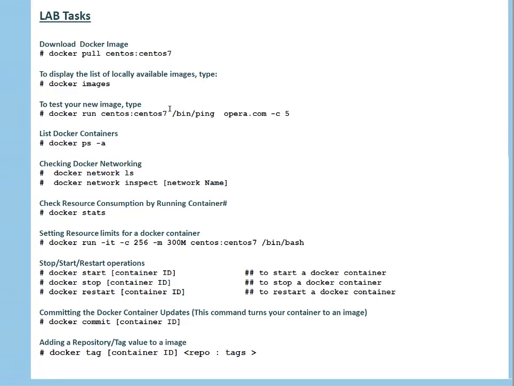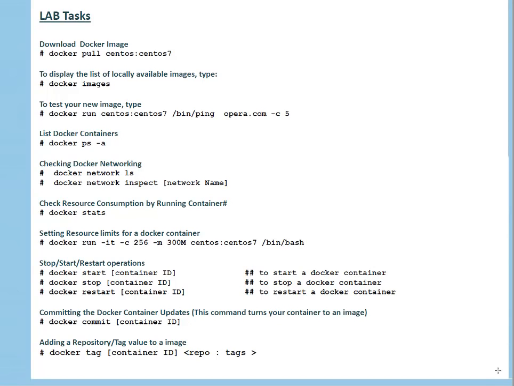To test your new image, you can run like this. To list all the containers, docker ps -a. To check Docker networking, docker network ls. And if you want detailed information about a particular network, you can run docker network inspect, then your network name. docker stats tells what the resource consumption is for a particular Docker container.